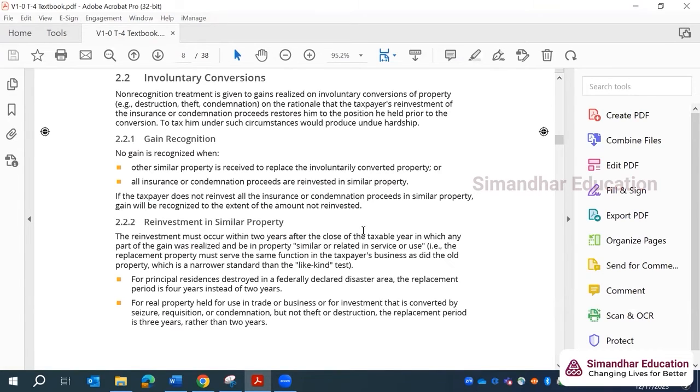Now, the second transaction that we are going to do is the involuntary conversions. Now, what do we mean by involuntary conversions? In simple English: not by choice. That's right.